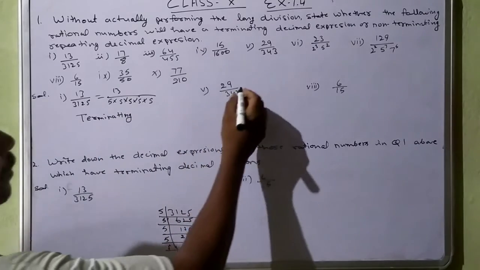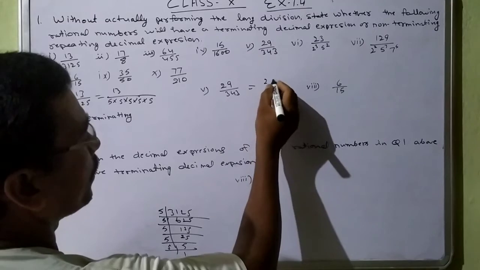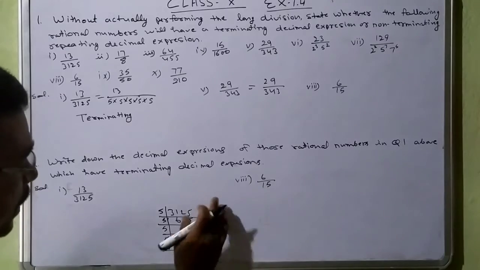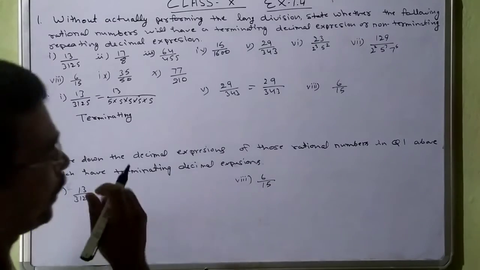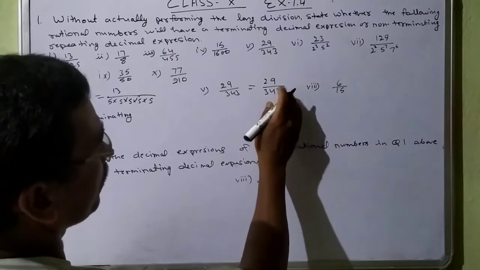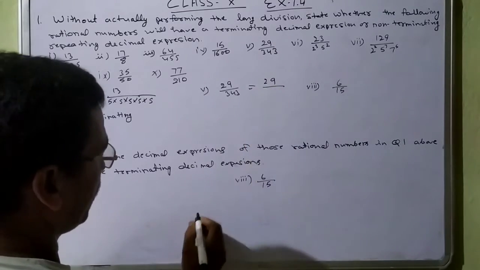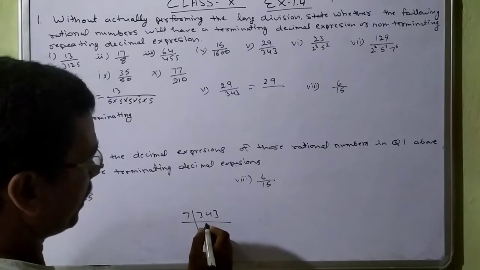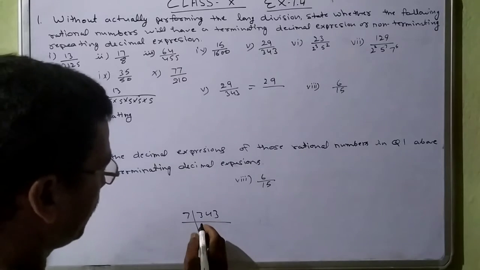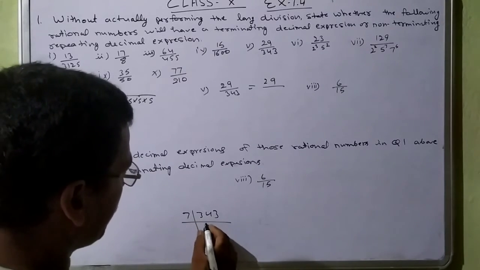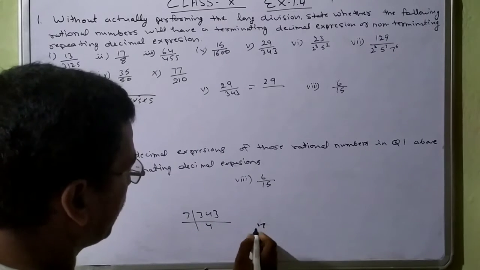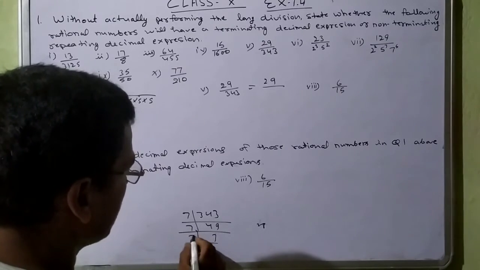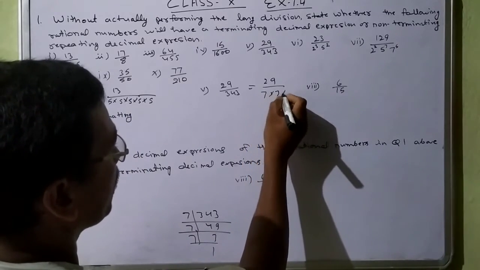Now, similarly here we will do 29 upon 343. The factor of 343 will be 7 into 7 into 7. 7 4 ja 28, and then left is 7, 7 9 ja 7, 7 ja 7, 1 ja, that is 7 into 7 into 7.